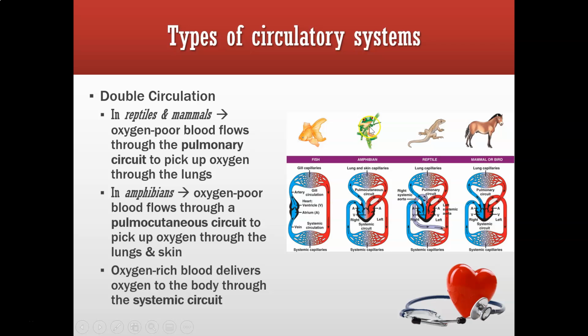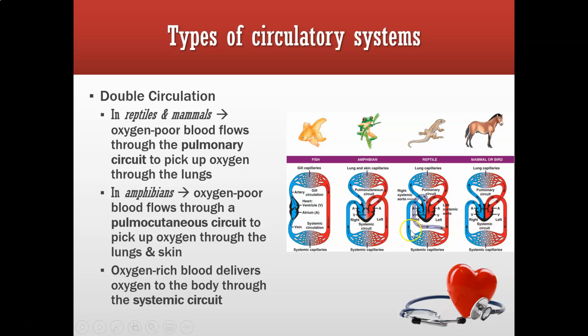So remember I said earlier that these guys can exchange gases directly through their skin. That's the cutaneous part. So we look at their circuit as systemic, just like everybody else, but they have a pulmonocutaneous circuit that goes both through their lungs and to their skin capillaries to do the gas exchange, return that oxygen-rich blood back to their body, and then send that off to the rest of their body for that systemic circuit.